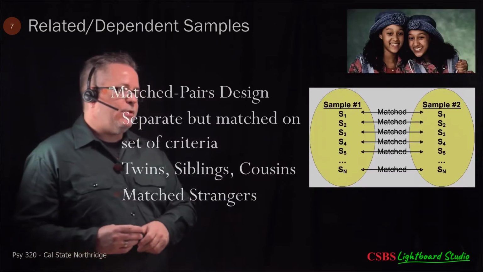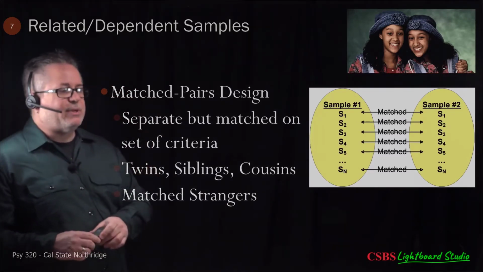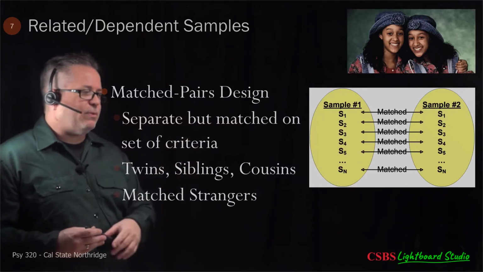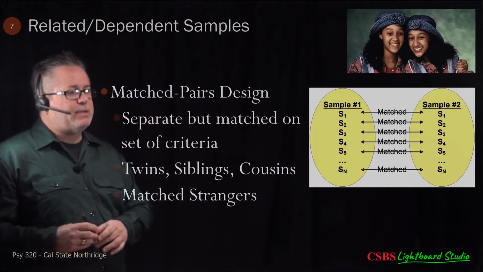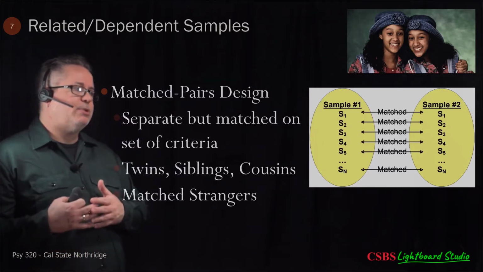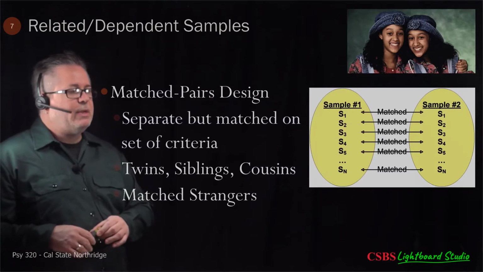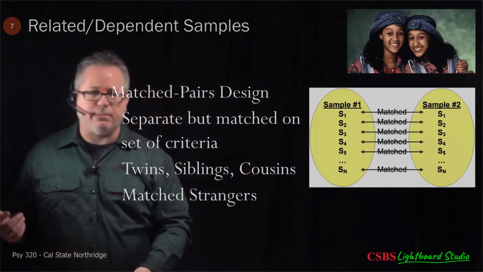Okay, so another one, again, is this matched pairs. That picture came out better. There was a TV show a long time ago called, I think, Sister, Sister or something like that. These twin girls here illustrate the idea of using a matched pairs design, where you separate subjects but match them on a set of criteria. So in this case, two identical twins are going to be matched on most criteria.